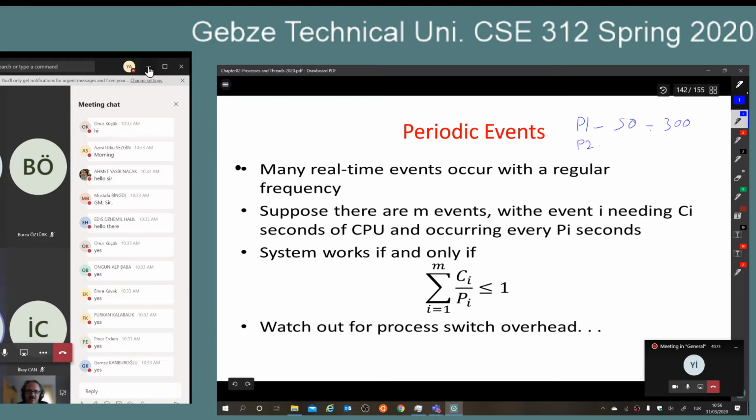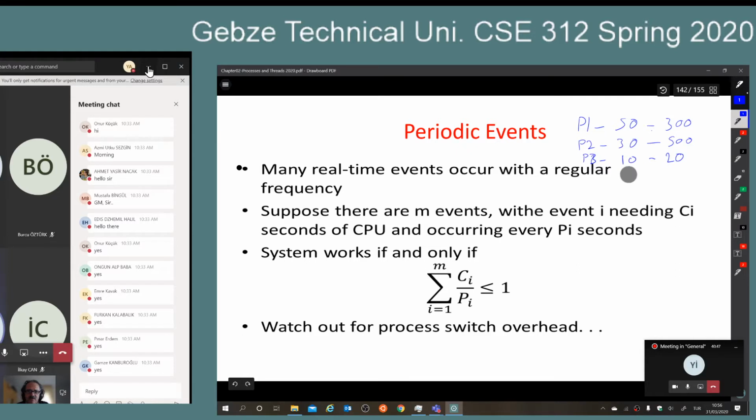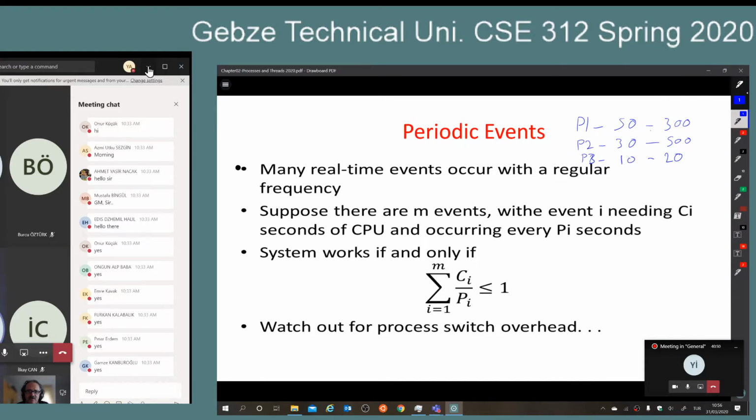Process 2 might say I will take maybe 30 milliseconds to run, but this will happen every 500 milliseconds. Process number 3 might say I will take 10 milliseconds to run, but this will happen only in maybe 20 milliseconds. So it looks like process 3 is using lots of CPU time, although it says that I will be very, very quick.